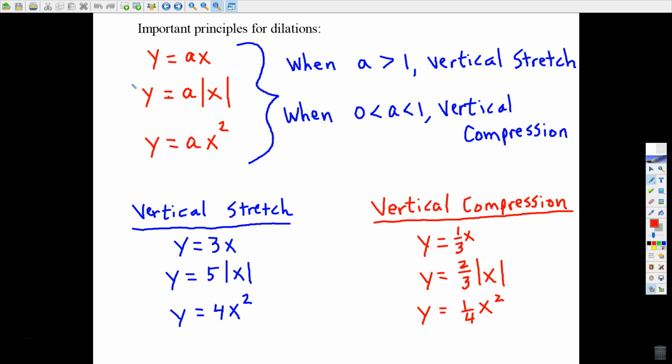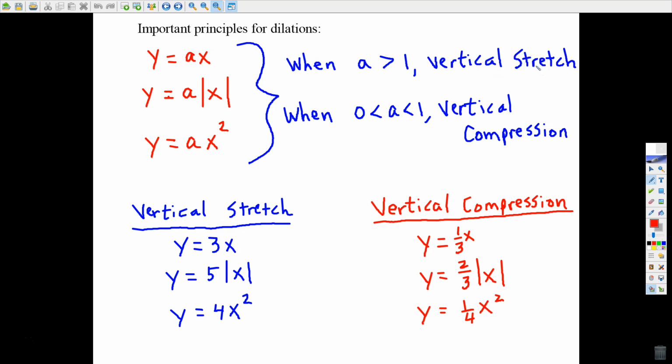These are some very important principles regarding dilations. And if you notice, it's really all about this number that I'm calling a. This is in front of the parent function y equals x, that line. If there's a number in front of x, besides 0 of course, or in front of the absolute value, or in front of x squared, when that number is greater than 1, we have what is known as vertical stretch.